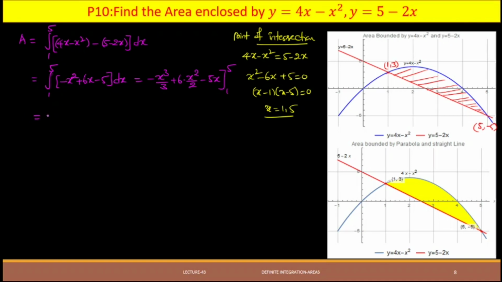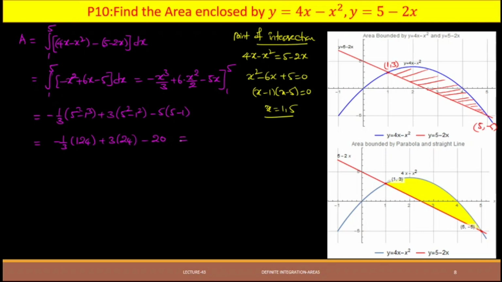Let me evaluate at the upper and lower limits: minus 1 by 3 into (5 cube minus 1 cube) plus 3 into (5 square minus 1 square) minus 5 into (5 minus 1). So this is minus 1 by 3 into 124 plus 3 into 24 minus 20.